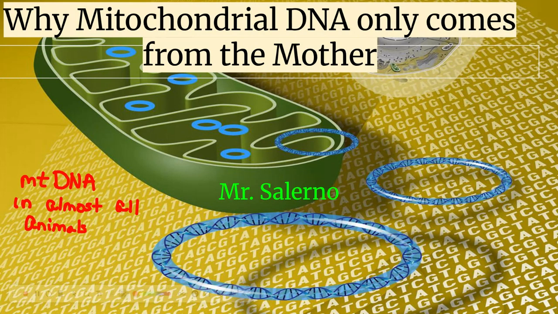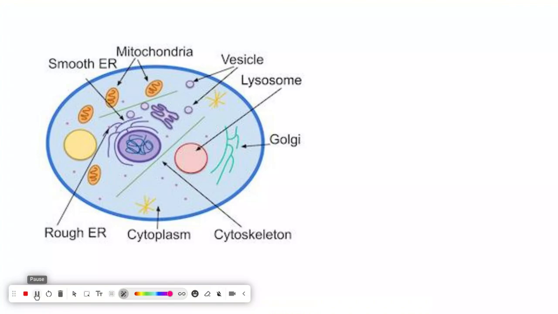So, what this means, in simple terms, right? The sperm does not contribute any mitochondrial DNA. There's the simple answer. So let's get a clean page here. And there you see a cell, a crude, simple picture of a cell, which they show in textbooks.